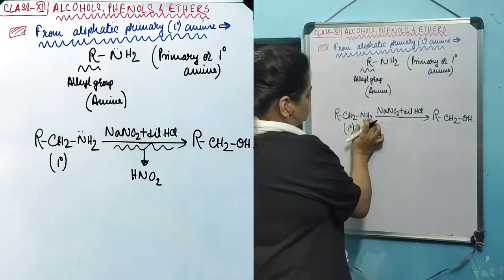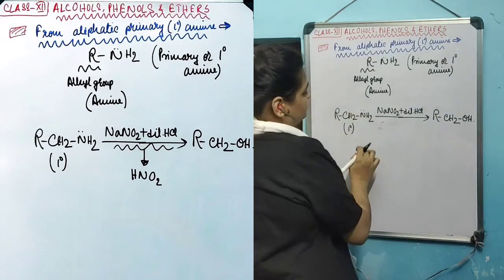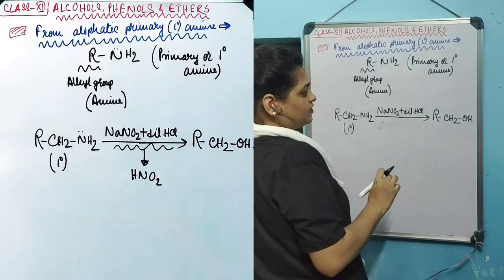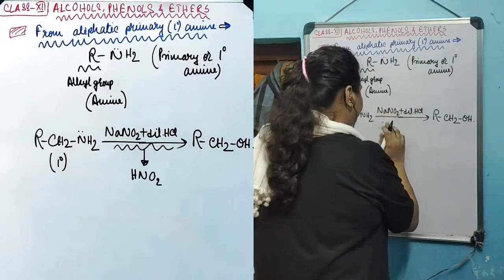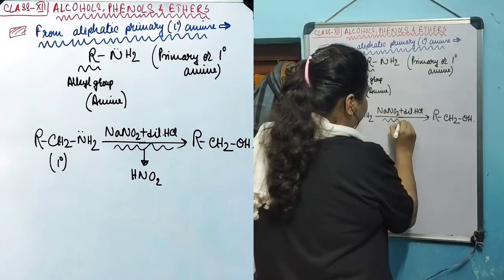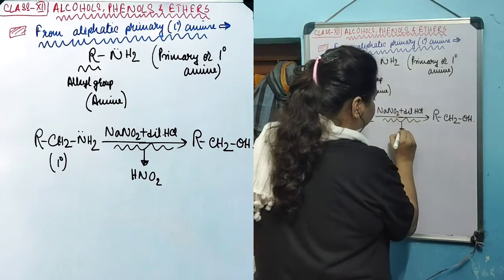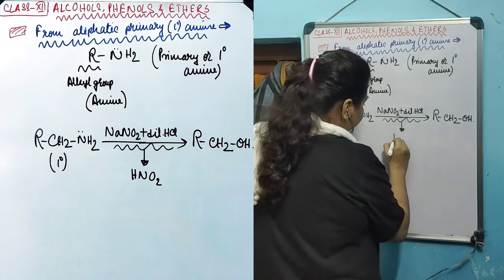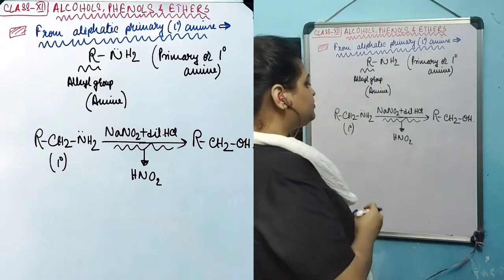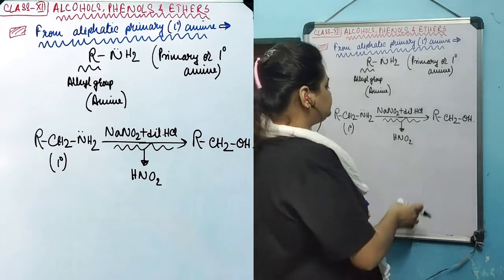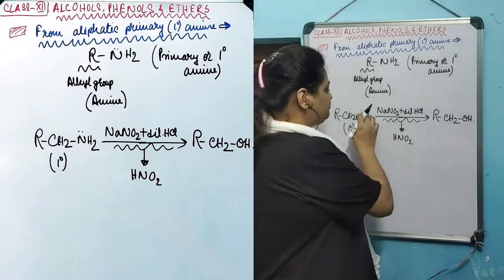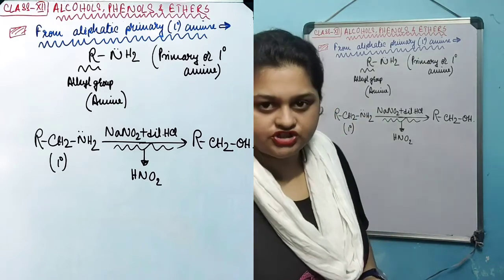The entire NH2 functional group is transformed into an OH functional group in the presence of NaNO2 and HCl. NaNO2 and HCl as a whole in the reaction medium produce HNO2, nitrous acid. This is the actual reagent that participates in this reaction.